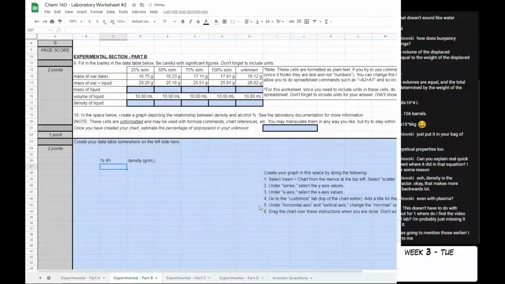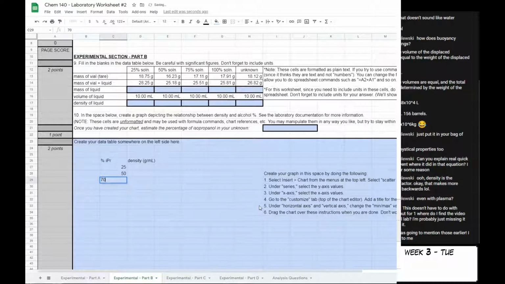Okay, so I'm going to just put these numbers in: 25, 50, 75, 100. I haven't actually calculated the densities, but I'm going to just make up some numbers. So we'll say 0.900, 0.825, 0.774, I don't know. There, that's good enough.